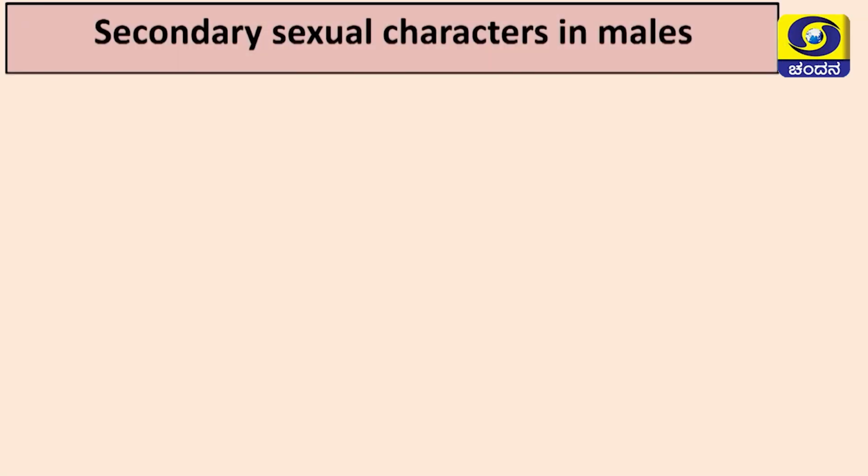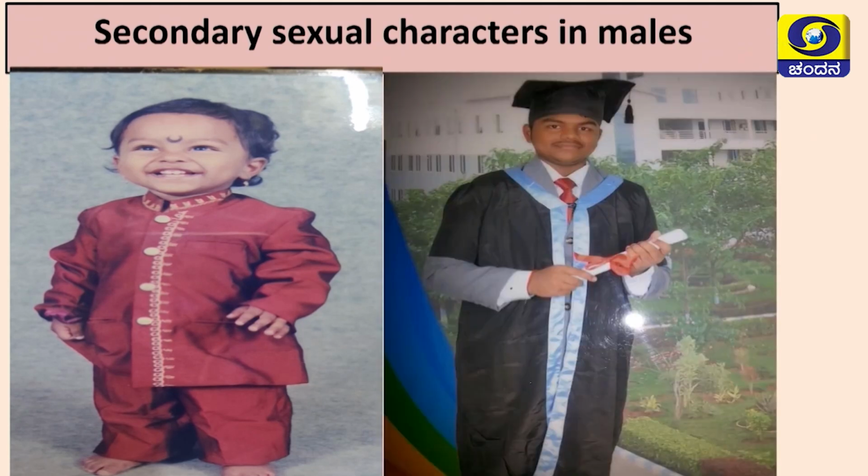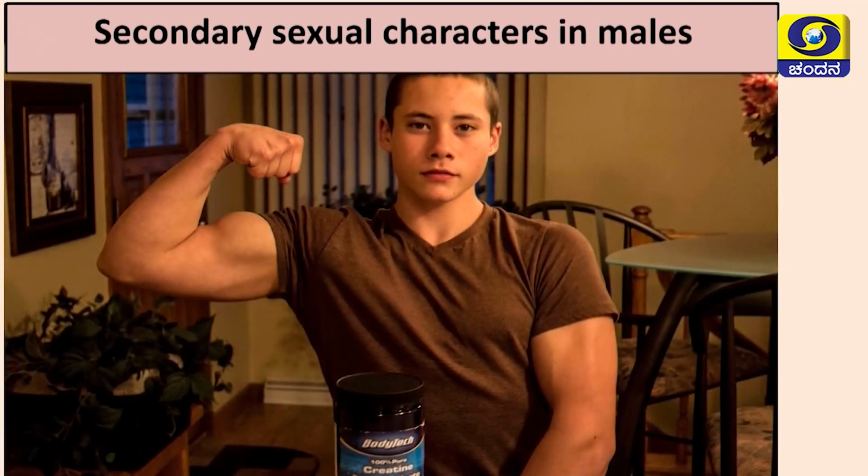Next we will come to secondary sexual characters in male. You can see a small kid, the same kid after reaching adulthood. You can see moustache, beard, Adam's apple, a thick husky voice, height increase, and musculature developed. All these are secondary sexual characters which help for their reproductive behavior.